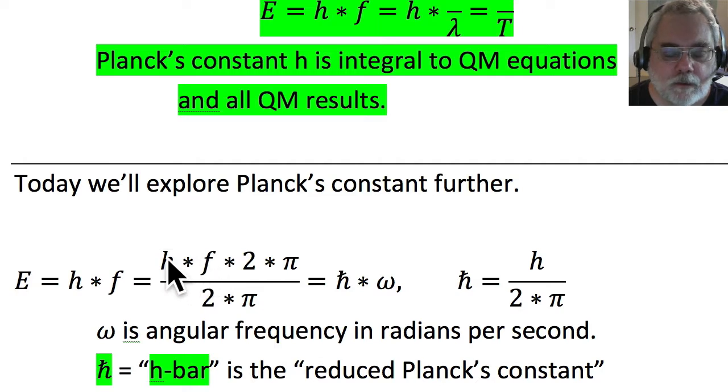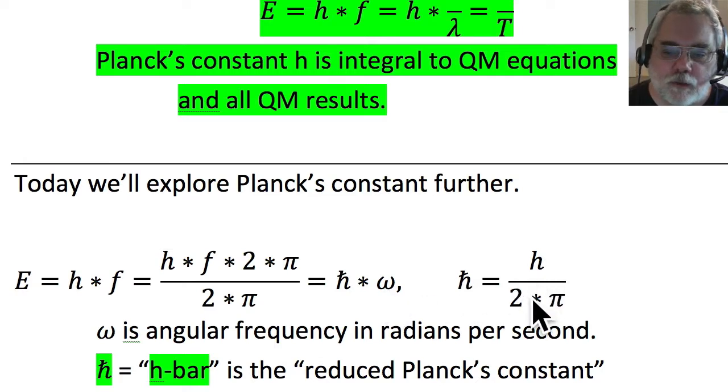So the numerator would be h times omega, but we don't want to keep around this 2 pi in the denominator all the time, so we define a new constant, this h bar. So energy is h times f or h bar times omega, same thing. Sometimes we want to use one, sometimes the other.